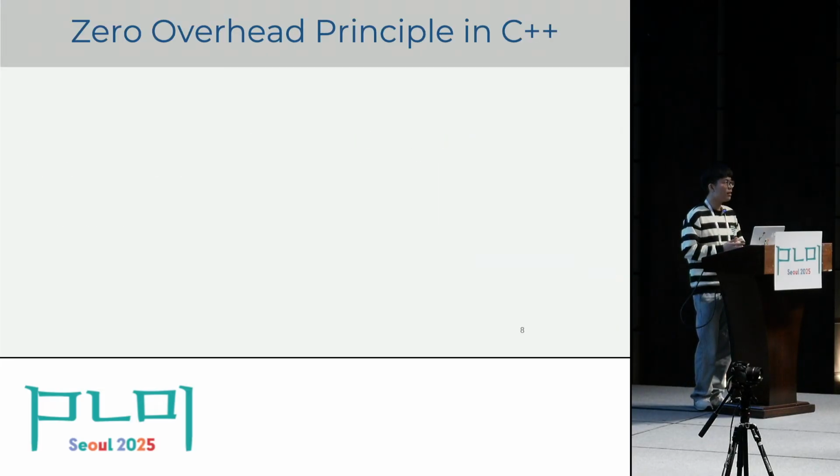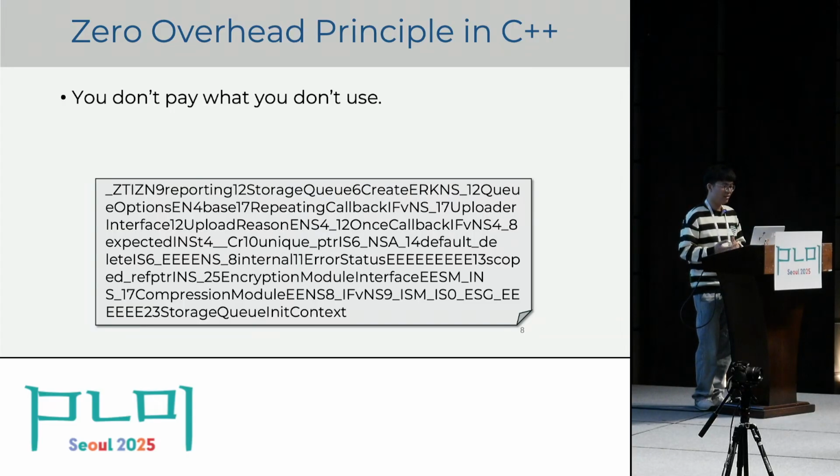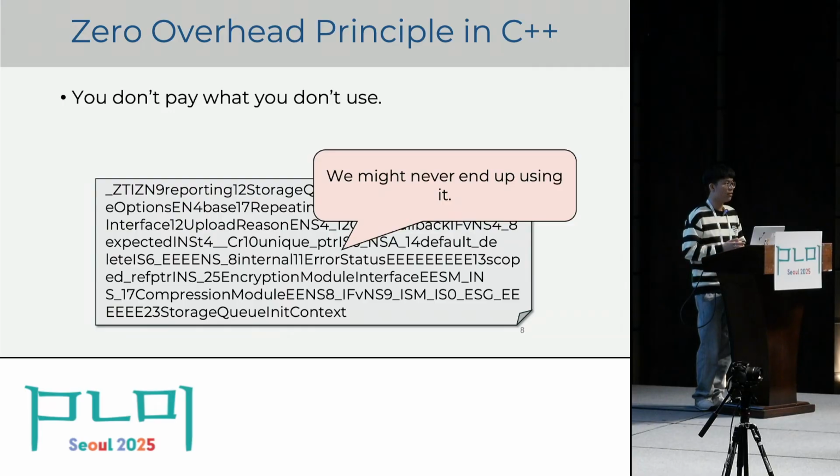And most programming languages, especially C++, try to stick to the zero overhead principle. It basically says two things. The first is you don't pay for what you don't use. But in reality, most RTTI data gets generated even if your program never uses it. And that's wasted space.